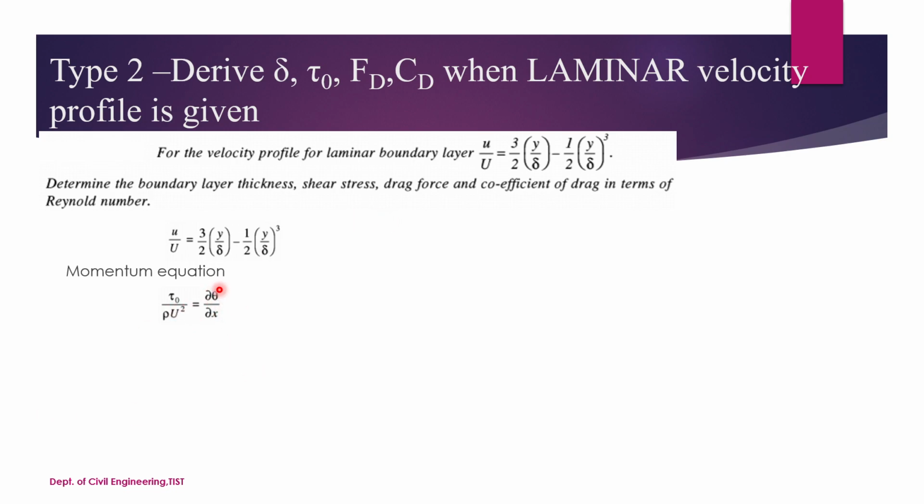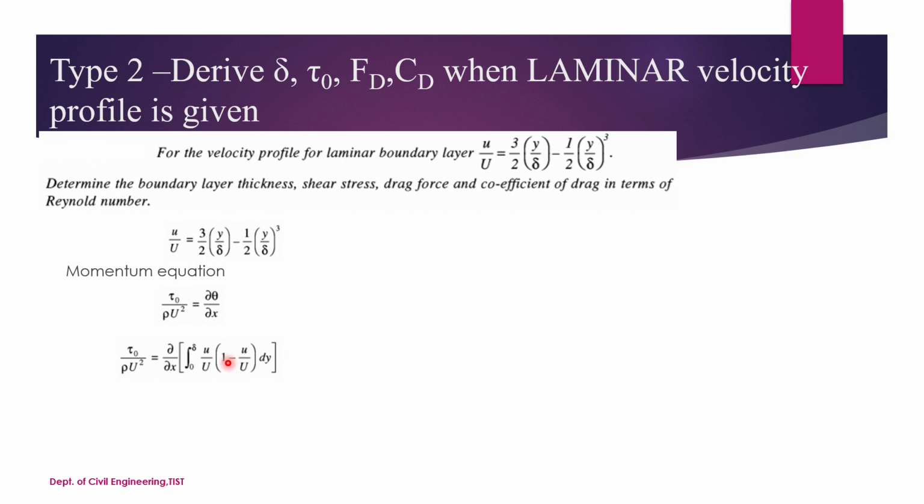Here theta is the momentum thickness and we have the equation of theta: integral 0 to delta of u by U into 1 minus u by U dy. So we will be substituting this equation for theta, and you will be getting the new equation like this.